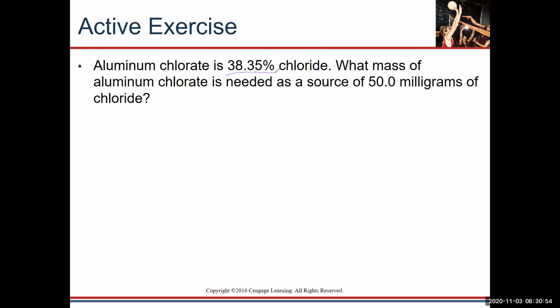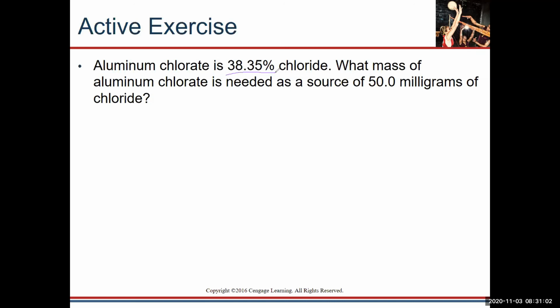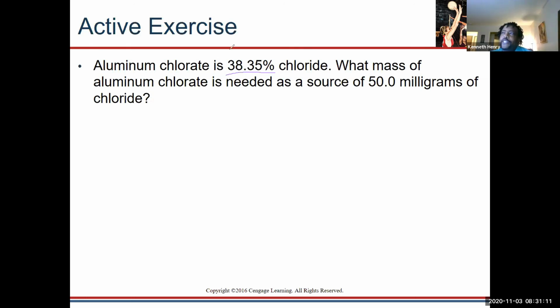Aluminum chlorate, would that be the part or the whole? Okay, so we'll start with the definition. Let's just start there. So we said it's the part divided by the whole times 100.